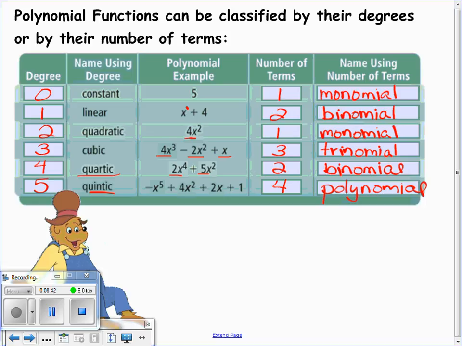It's like they got lazy and stopped naming them. Yep, 4 and higher. Actually, I can call any of them a polynomial, but 1, 2, and 3 terms have a specific name, but the rest of them don't. But guys, you do need to know this.